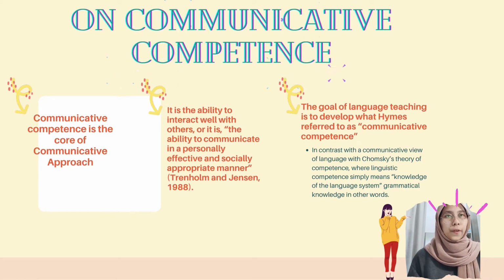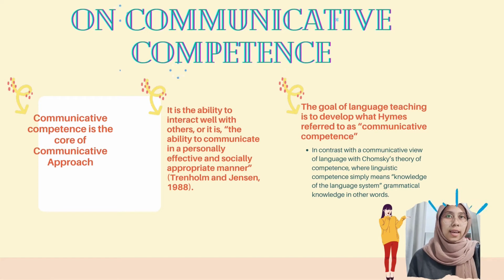The next one is on communicative competence. So, communicative competence is the core of communicative approach, and taken very broadly, communicative competence is the ability to interact well with others, or it is, as said by Trenholm and Jensen in 1988, the ability to communicate in a personally effective and socially appropriate manner.